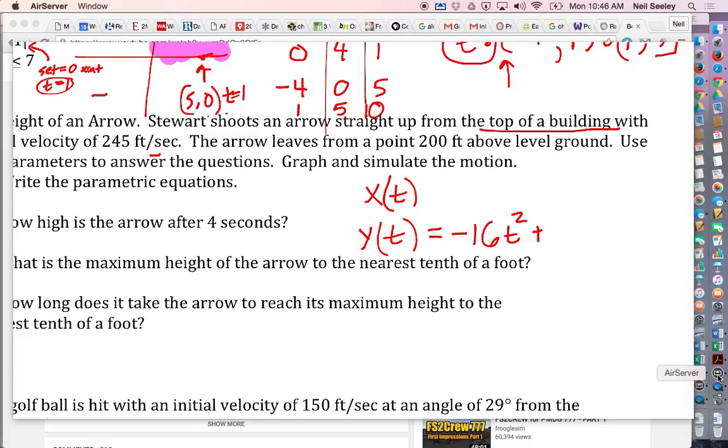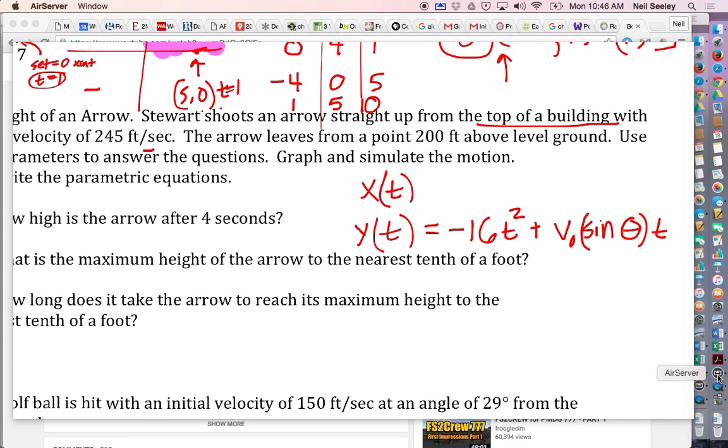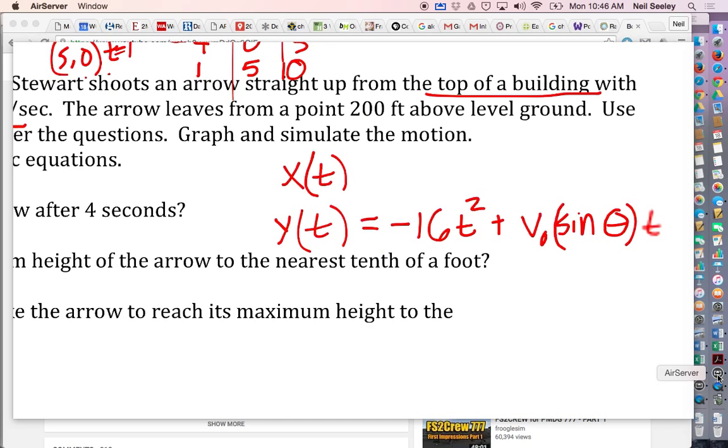I'm going to put in there v naught sine of theta times t. And then there's one last piece of it that I have to squeeze in there: plus y naught.